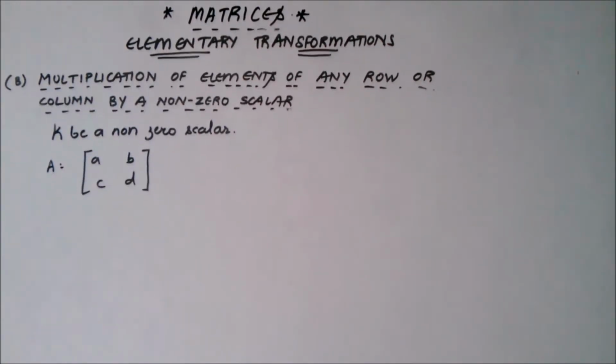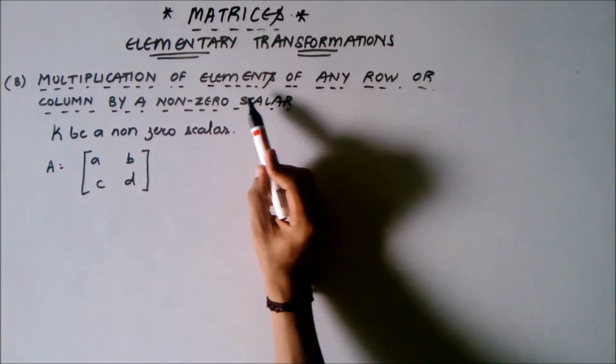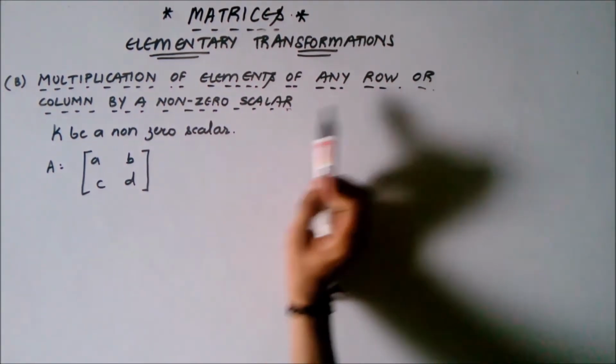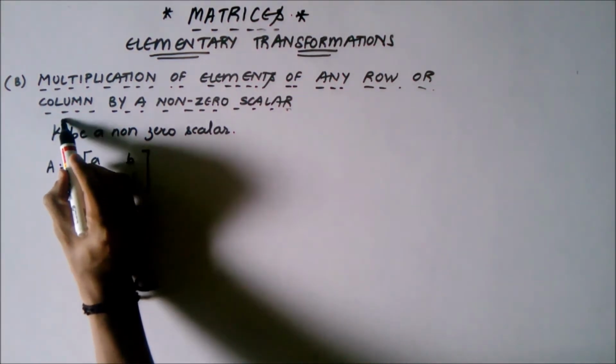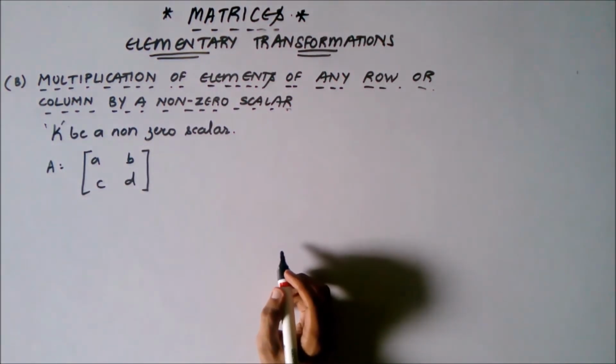We have learned the first elementary transformation, that is interchanging of two rows or two columns. Now let us move on to the second elementary transformation of matrices, that is multiplication of elements of any row or a column by a non-zero scalar. Now let k be any non-zero scalar.